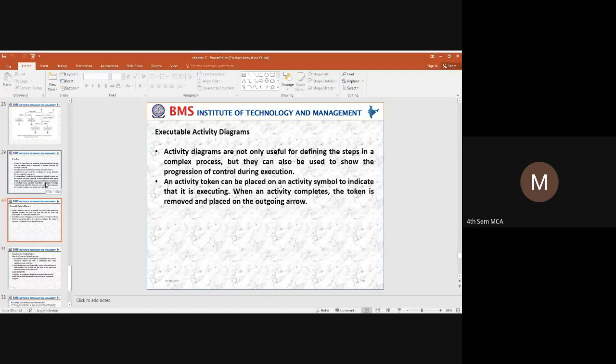In such a way we can write the model. So whatever activity diagram we are writing, when we are taking the model to the implementation stage, it should be in the form of an executable, what we call an executable activity diagram. That means we are trying to identify the complex process. All these complex processes have to be executed with respect to the progress.